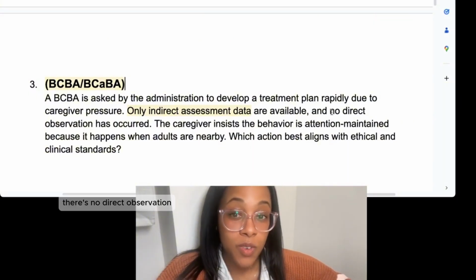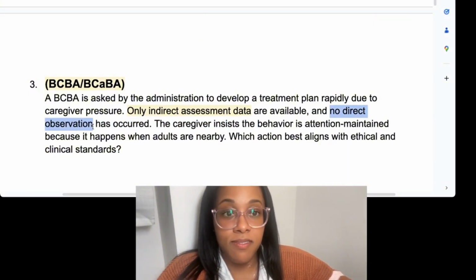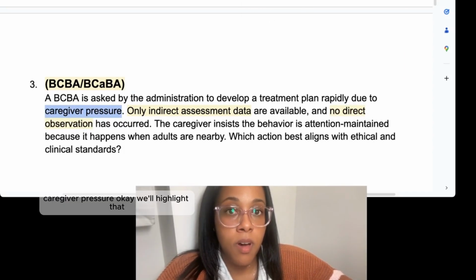There's no direct observation. Caregiver pressure. Okay, we'll highlight that.